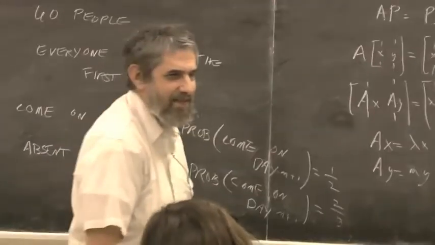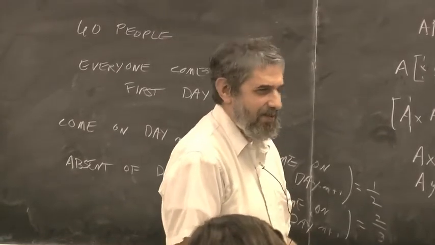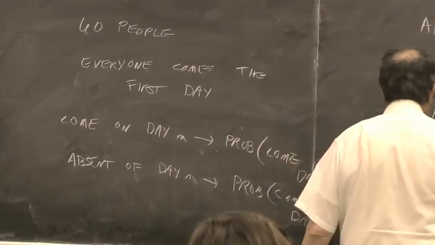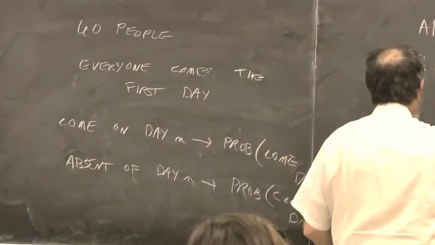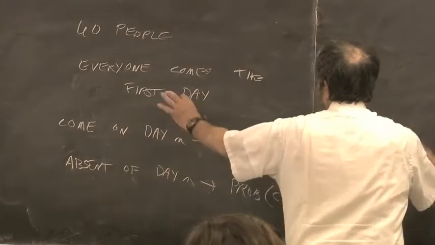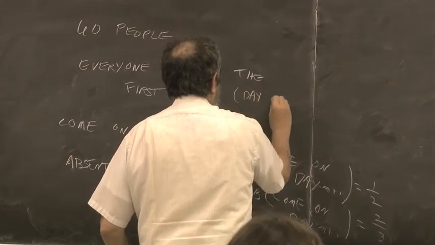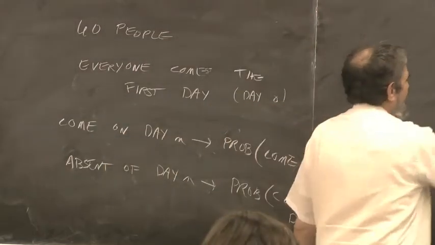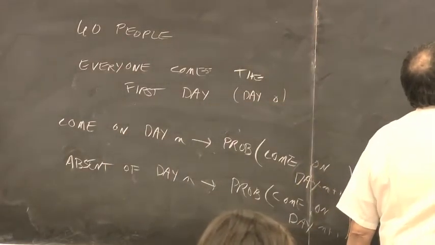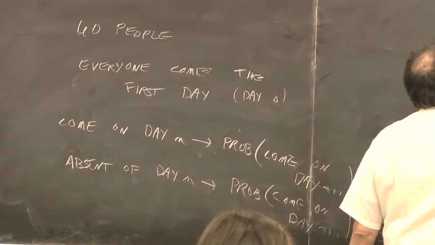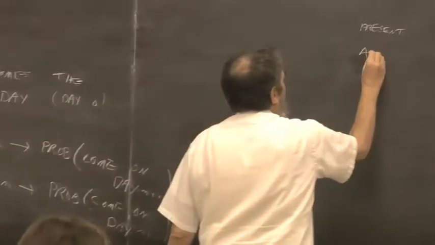What happens at the end of the semester? Yeah, that's right. Well, let's ask what happens on day 0. So the first day, we'll consider that day 0. What I'm going to do is make a vector of the present number and the absent number.